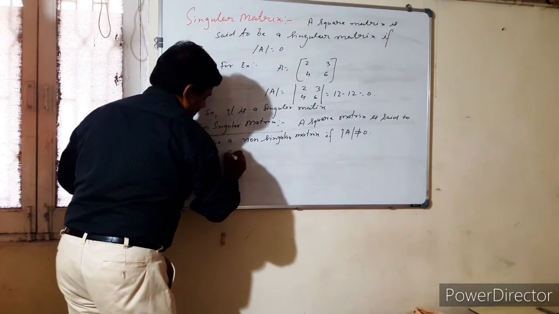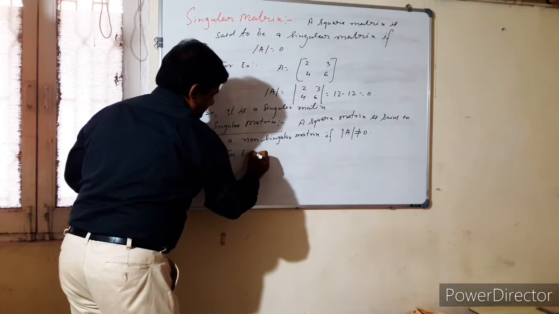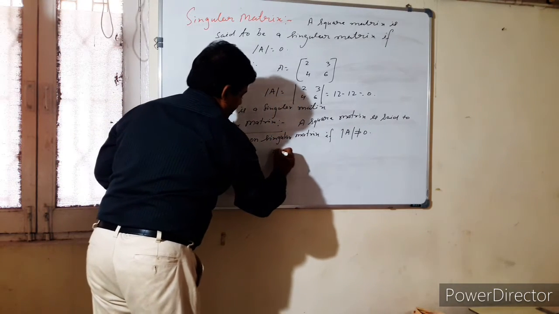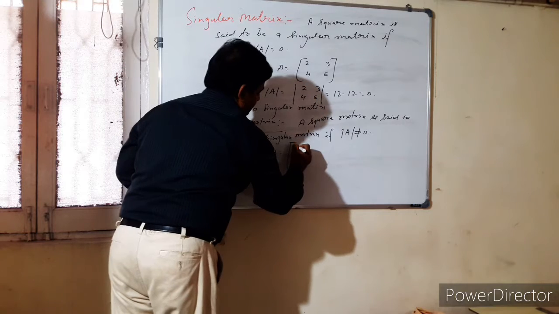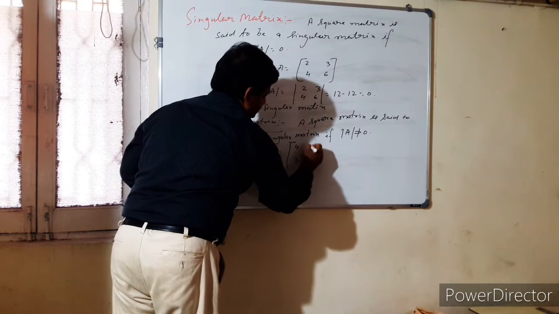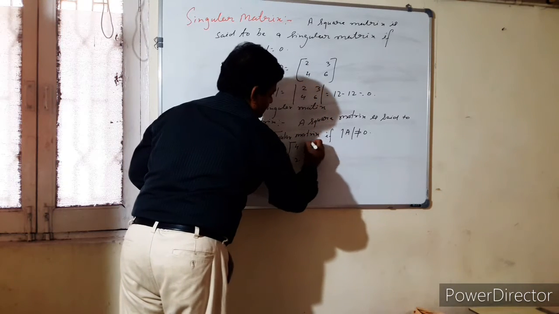For example, suppose A is a matrix 4, 2, 3, 6.